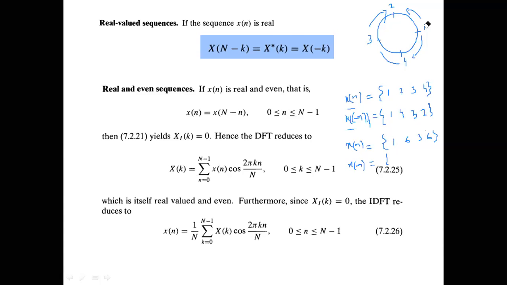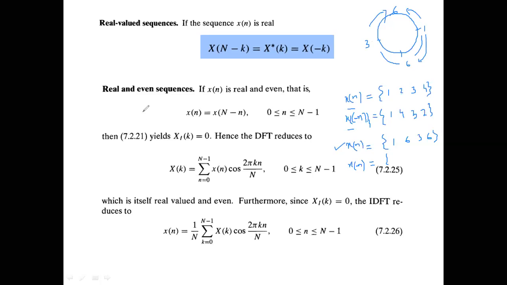The sequence is 1, 6, 3, 6. This is the origin. Even if you go in the anti-clockwise direction, it is 1, 6, 3, 6. Even if you go in the clockwise direction, it is 1, 6, 3, 6. So this sequence is an even sequence, a circularly even sequence.